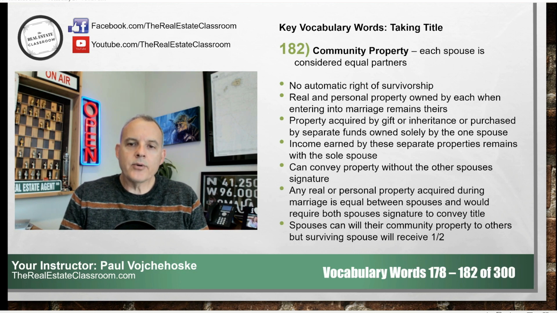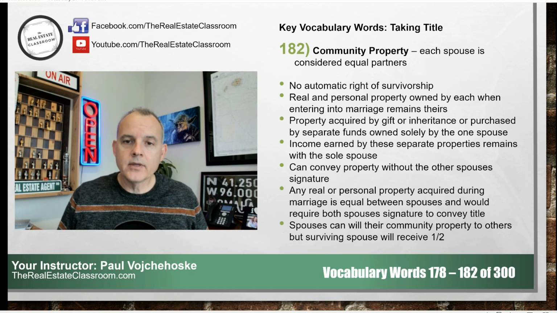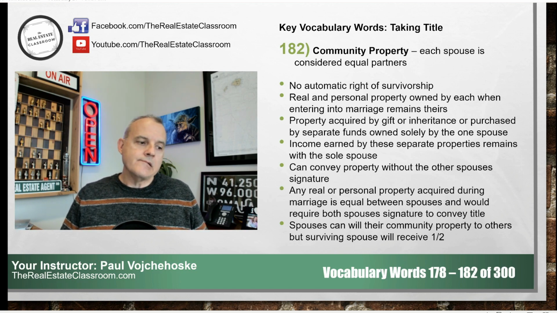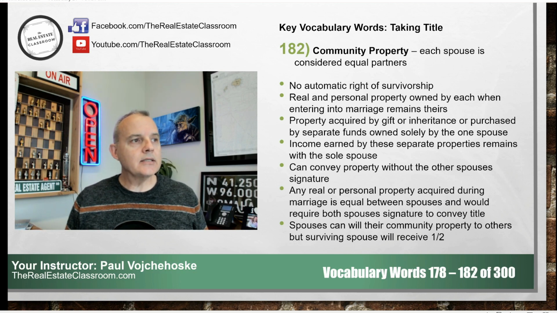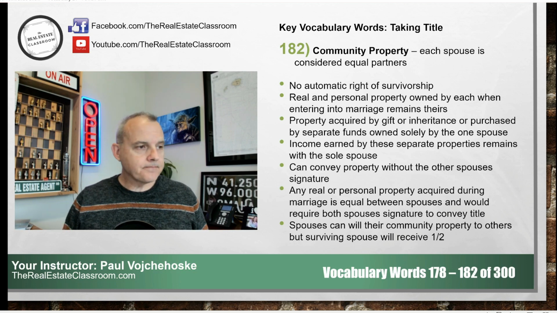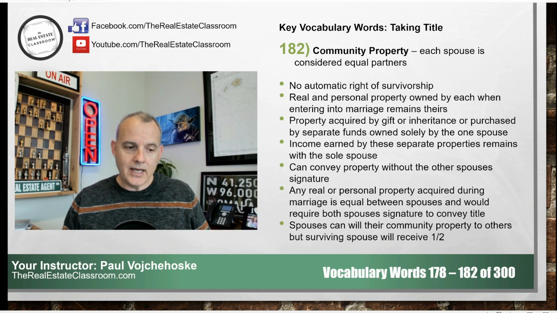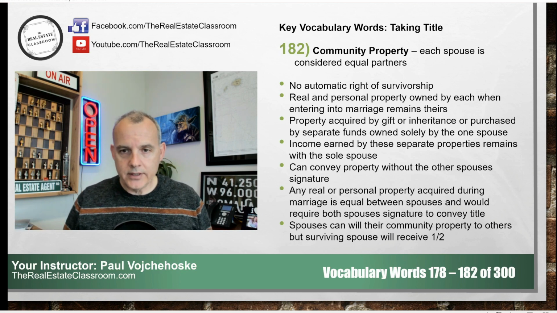The next one is the property acquired by gift or inheritance during the marriage or purchased by separate funds are not the property of the other spouse. So let me give you an example. Let's say that my wife and I are married and my father passes an inheritance to me. Well, that inheritance is mine and my spouse has no claim to it.